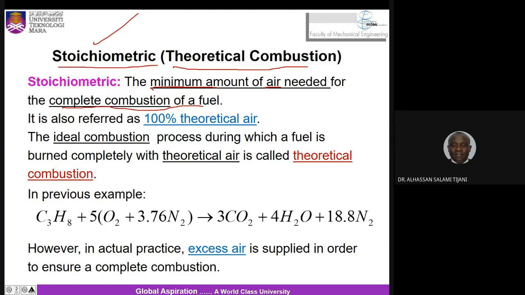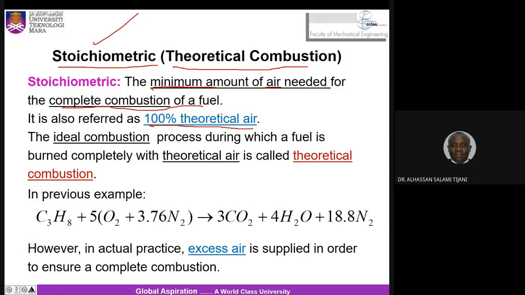You understand me? So it means 5 kilomole is the minimum amount of air which is required for this particular combustion to be completed. And this is what is called stoichiometric or theoretical amount of air needed for combustion. So it is also referred to as 100% theoretical air.